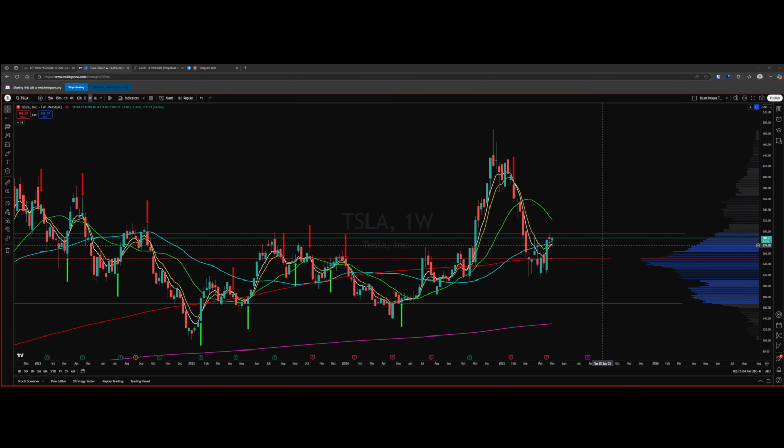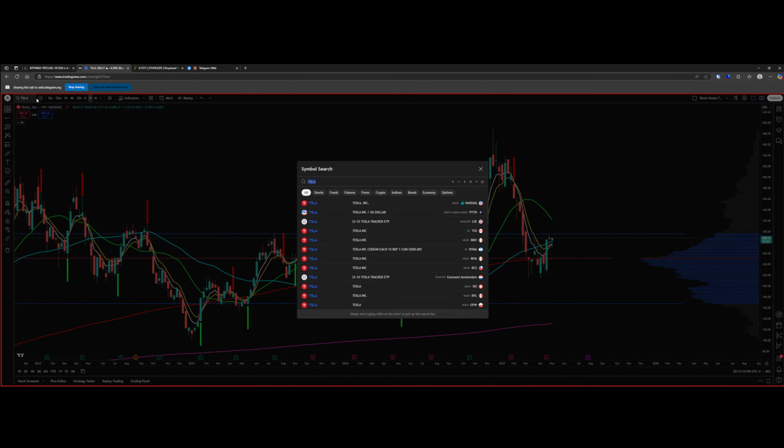I'm just seeing this on my EUR/USD trade. Obviously we've got that on the 4-hour chart. We've seen that bearish candle. Because I've seen this pattern quite a few times, I've started to mark it out.